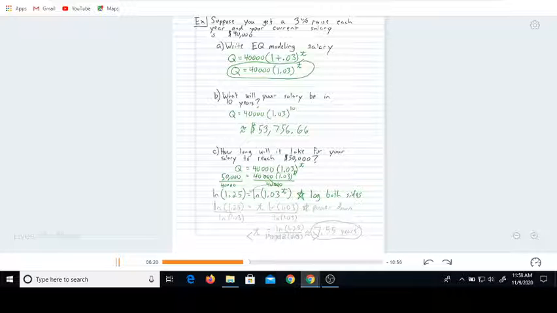A very useful property of logarithms is that you can pull a power out front, so that lets us pull the t out front. Power goes down. And then the last step is just to divide both sides by natural log of 1.03.